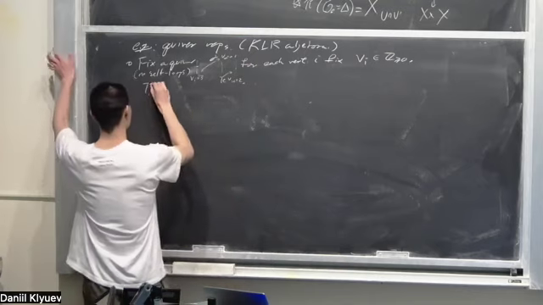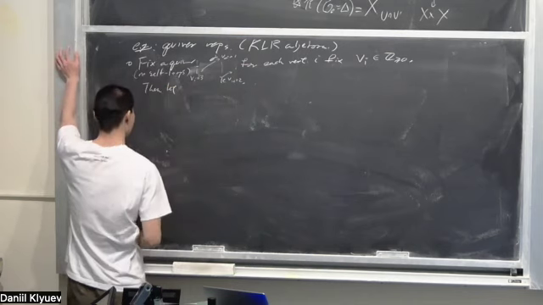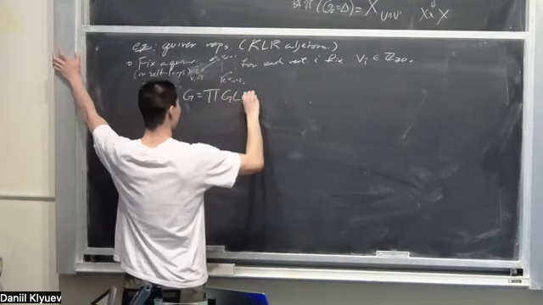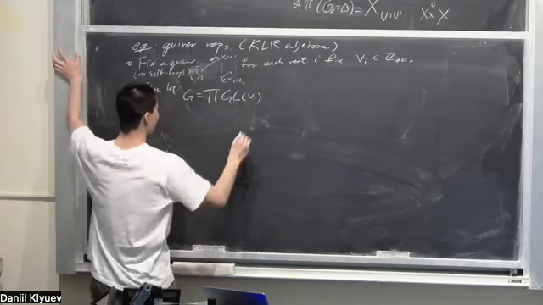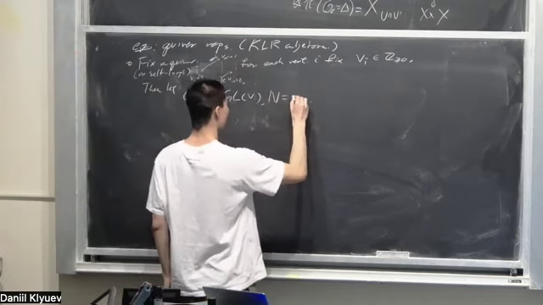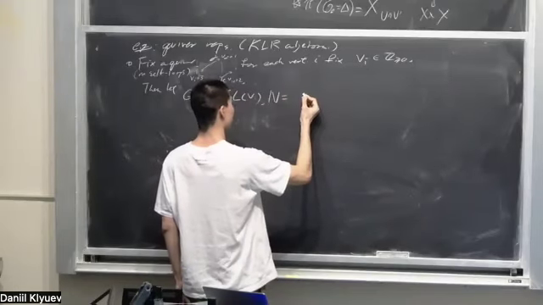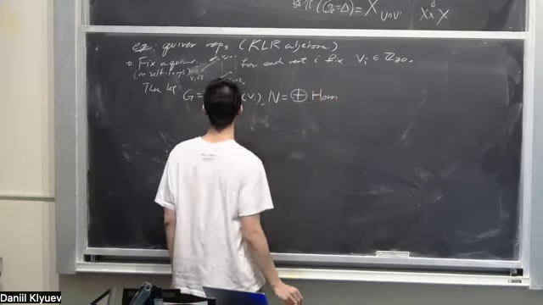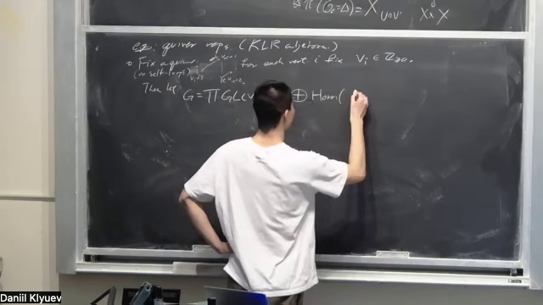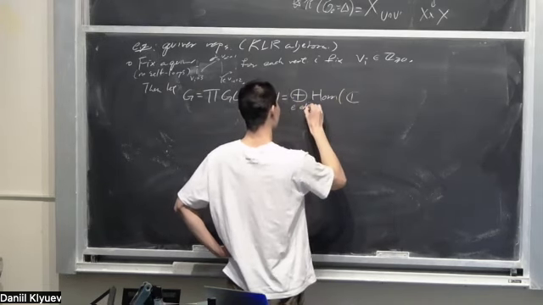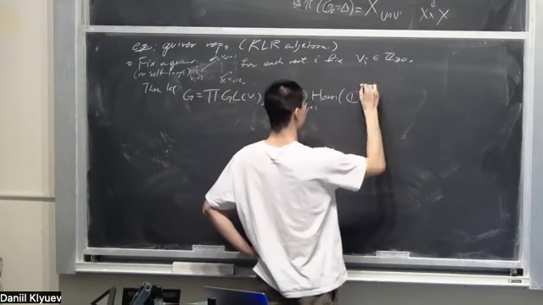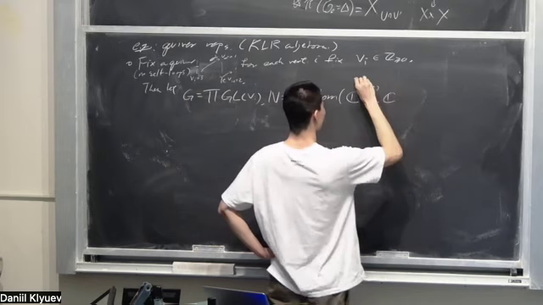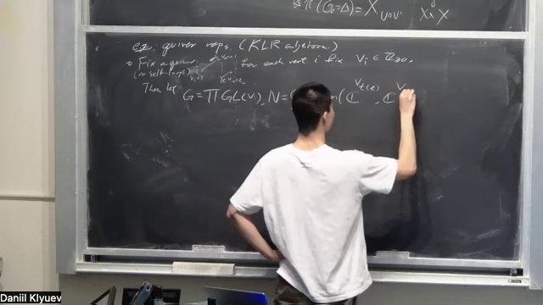Then let our G be the product of GL B_I, and let N be the space of quiver representations, which is the sum over edges of Hom from C^{V sub the tail of the edge} to C^{V sub the head of the edge}.